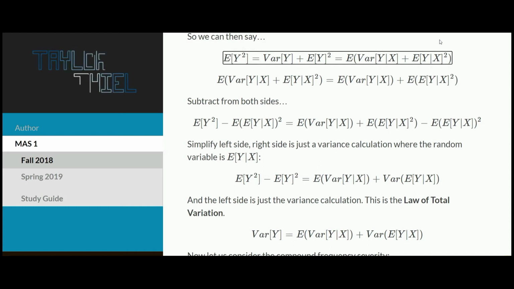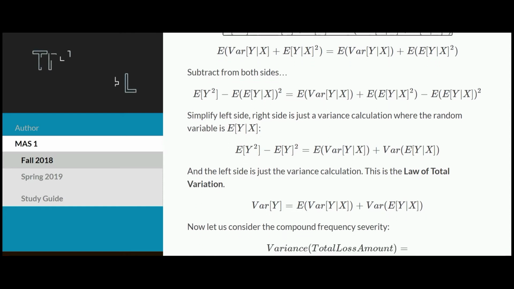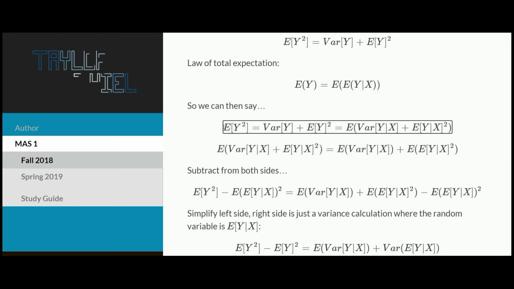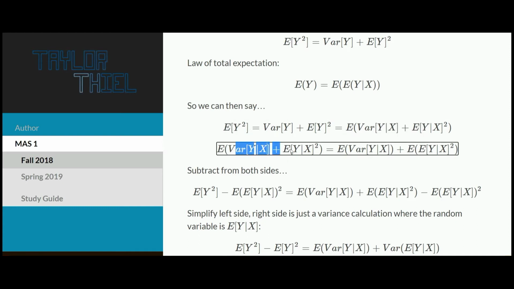And x can be anything we choose. Because of the law of total expectation, that's not changing anything. At this point, what do we do here? I think I just rewrote this right section on the left because I wanted it over there.